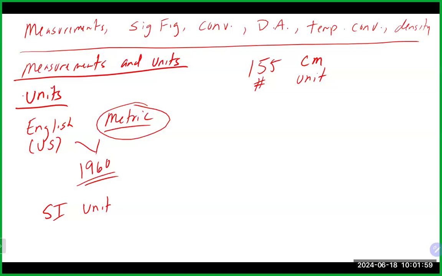So a lot of times in chemistry, you'll see that the SI unit is this, or the SI unit for that is something else. It's also really important when you look at units that you understand what they represent. So if you had something like a kilogram, that does represent a mass, right? That's not a volume or anything like that. If you had something like a liter, that is a volume, right? Not a mass.